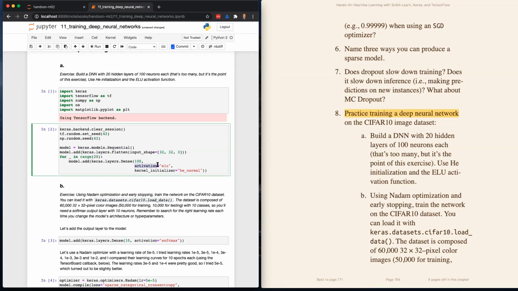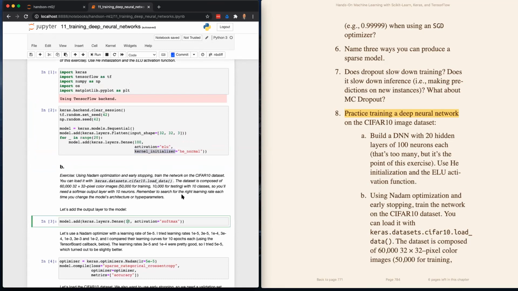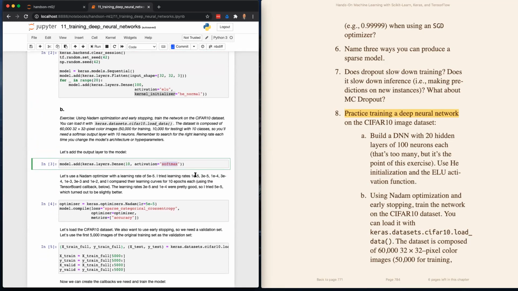The activation we are using is ELU, and the initialization is He normalization. We have 10 classes in the end, so we're going to use a softmax in the end to get the class. He tried different learning rates, and he came up with 5e-5 as the best learning rate. So we're going to use that.